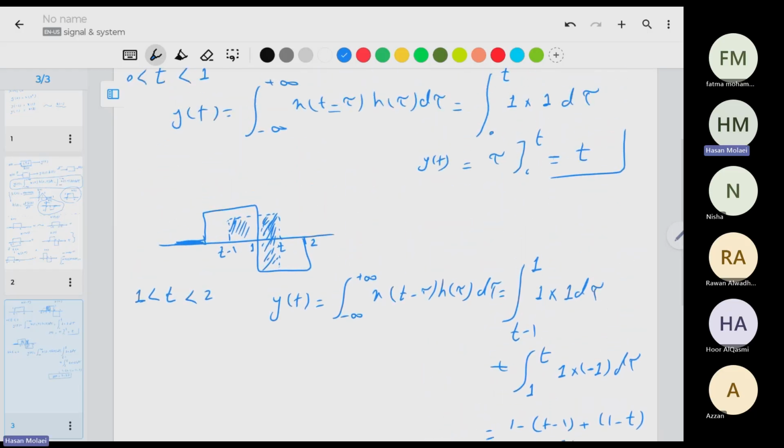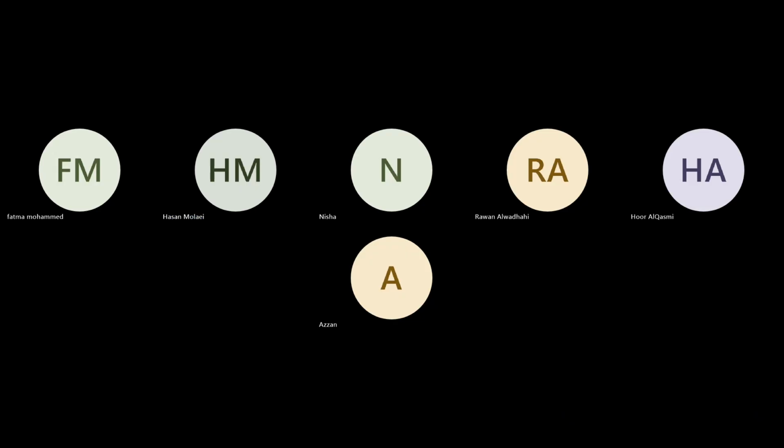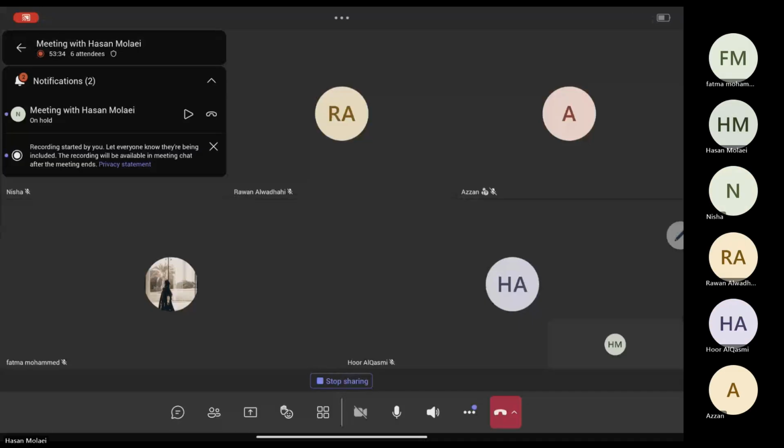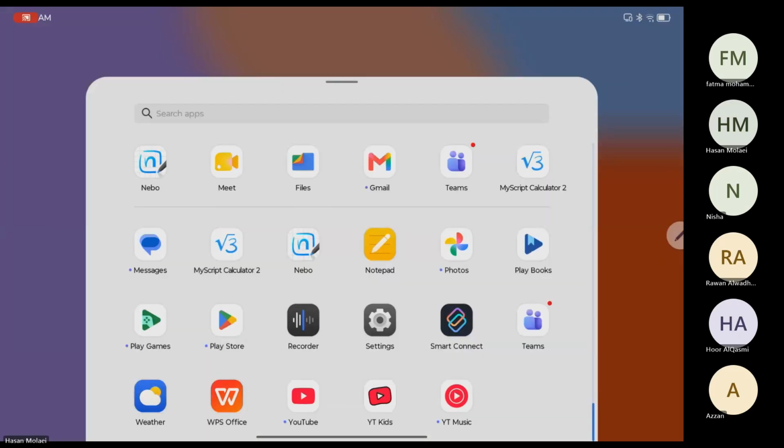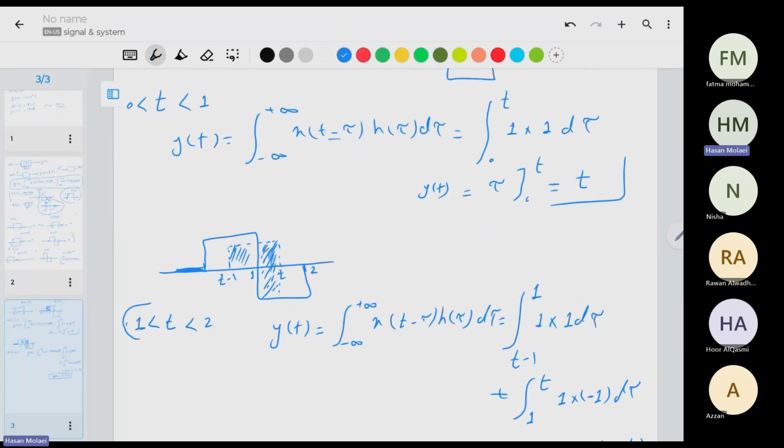In the border, they should be the same. At the border, for example, the border here is t equal to 1, yeah?